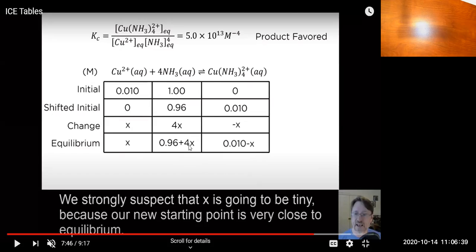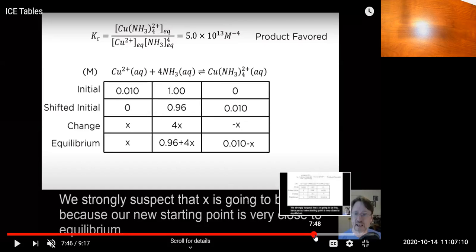If x is like 0.0001, that's past the digit that we have on the 0.96 here. As a result, the plus 4x part is negligible. So we just drop it. Same thing here. If we've got 0.00001 in the x over here on the 0.01 under the copper nitrate, that one's also going to be negligible.